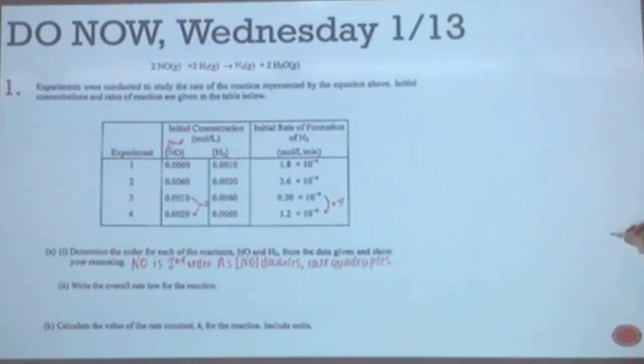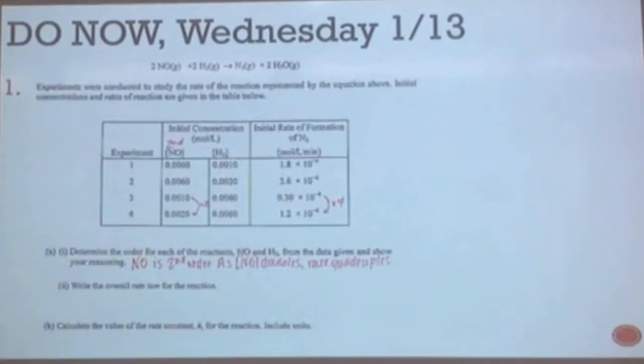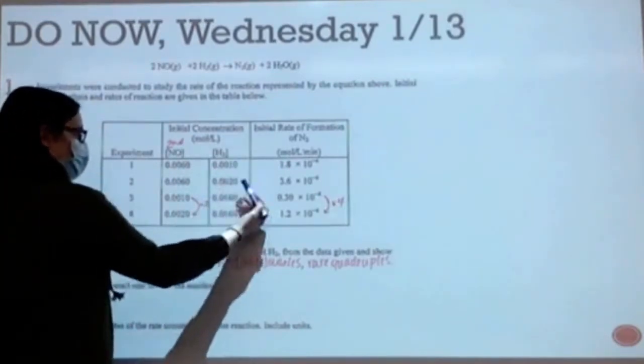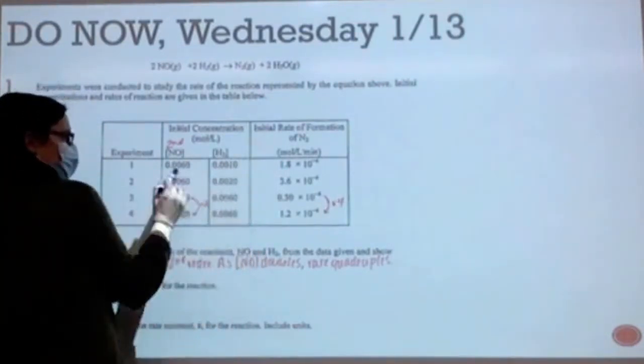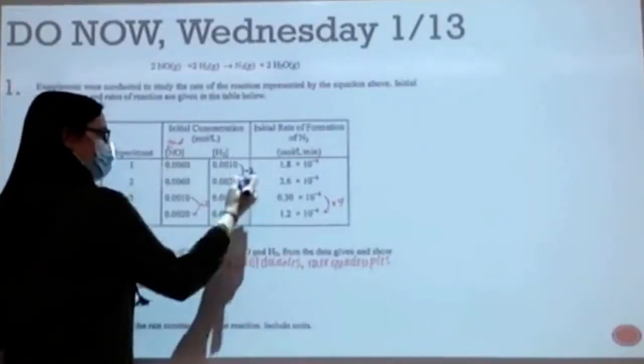Then we can look at H2. So now you want to look at where does H2 change, but NO stays constant. So H2 changes from 1 to 2, while NO stays constant at 0.002, so it doubles.